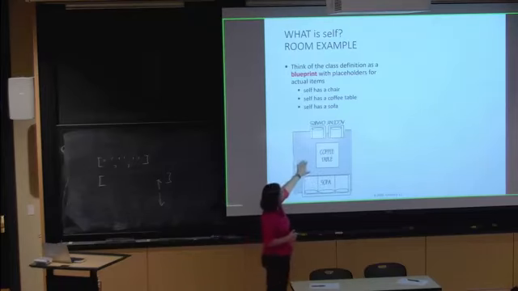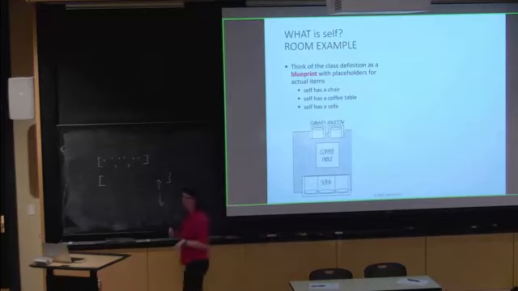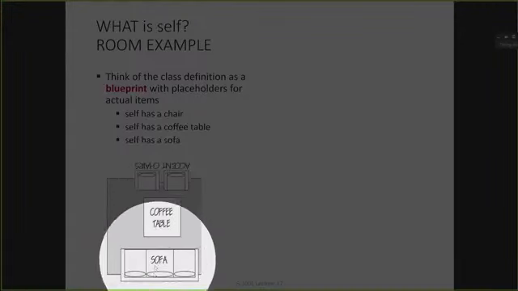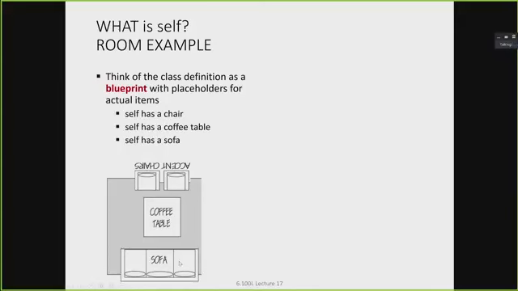But what I know is that I'm going to use this blueprint to have a room that contains 2 chairs, a coffee table, and a sofa, right? So in this blueprint, I don't have actual rooms that I've implemented this in. I don't have actual rooms where I've put 2 chairs, a coffee table, and a sofa in. It's just an idea. But self is kind of the way that a blueprint accesses its attributes, right?